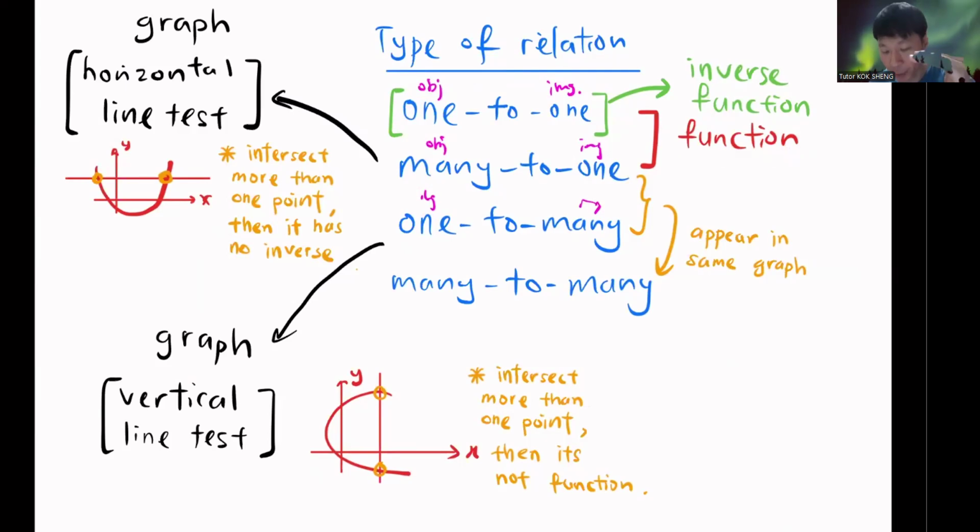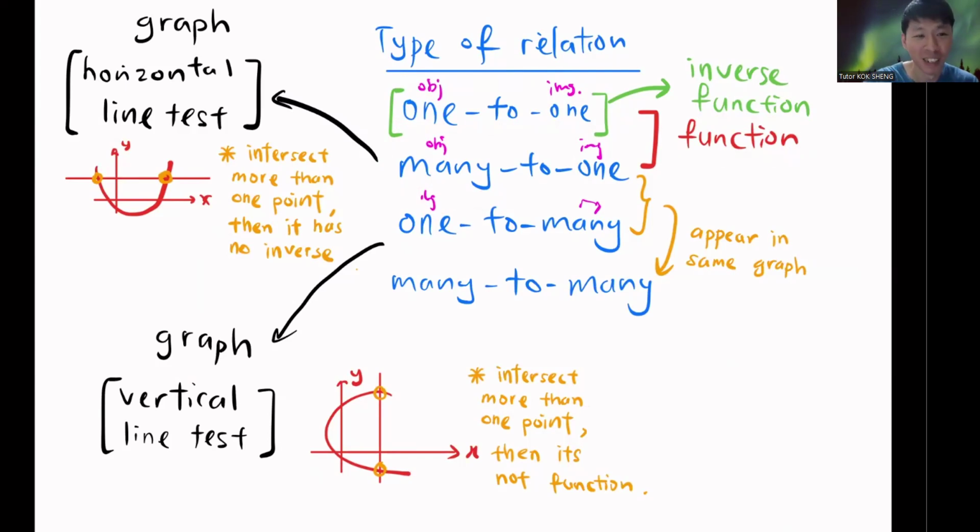And among these two, only one to one has an inverse. Repeat again: one to one, many to one, these two are functions, and within these two, only one to one has an inverse function. You have to take a note here, because this is a theory.